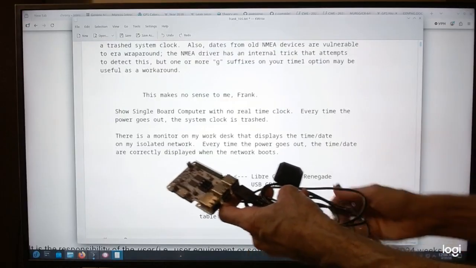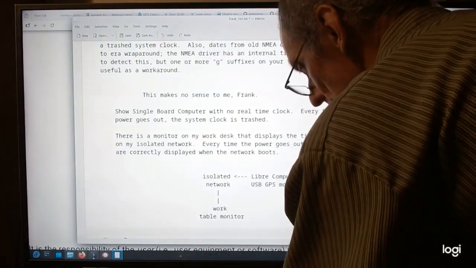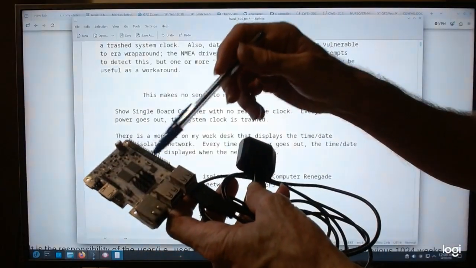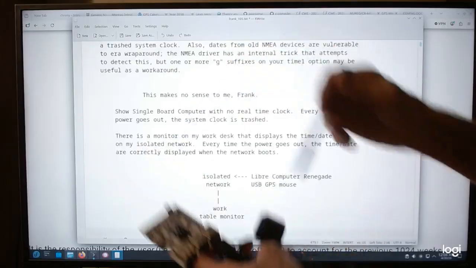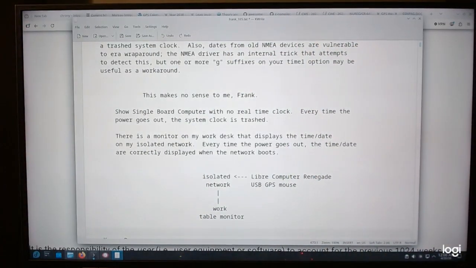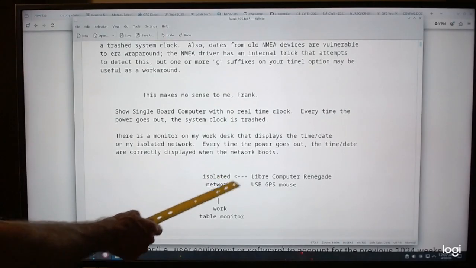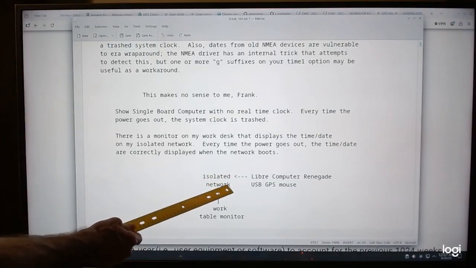Now let me kind of show you what I'm talking about. I was just talking about there's no real-time clock here. Now, I've had this isolated network for 6 years.